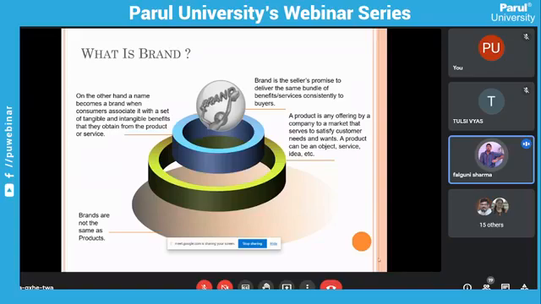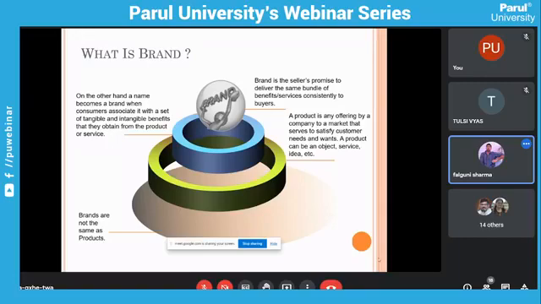A product is something where you are not looking so much for quality or trust, and you just fulfill your needs when required. That can be termed a product. But a promise that comes from a product or item is termed a brand, which delivers to the customer in terms of promise.